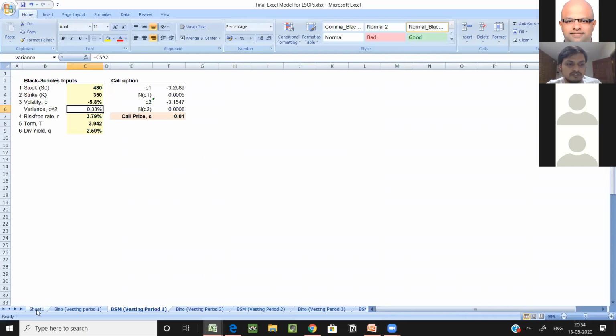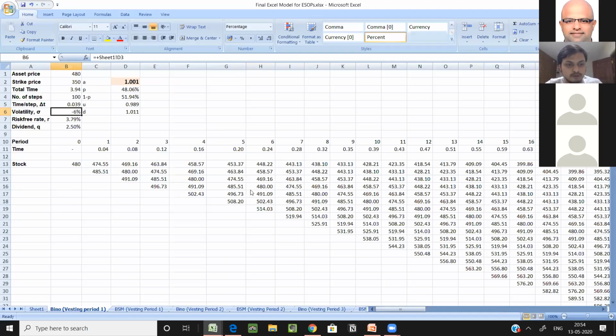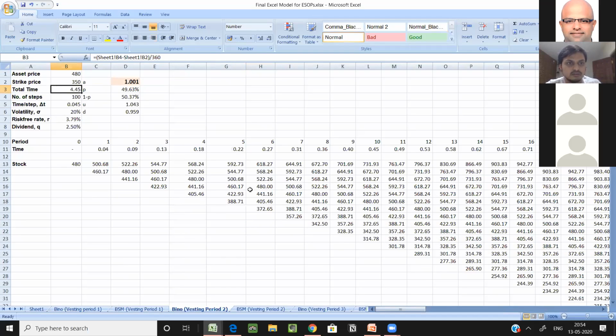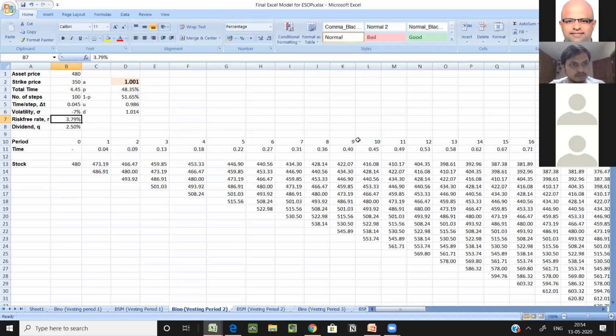Yes, sir. I will look into that, considering the last year as just the 1/6 of it. Let us just input the volatilities now. Volatility for second vesting period also just input it. So 6.77%.